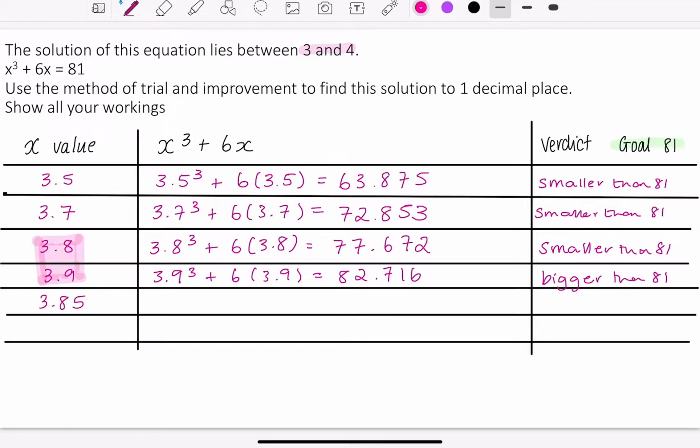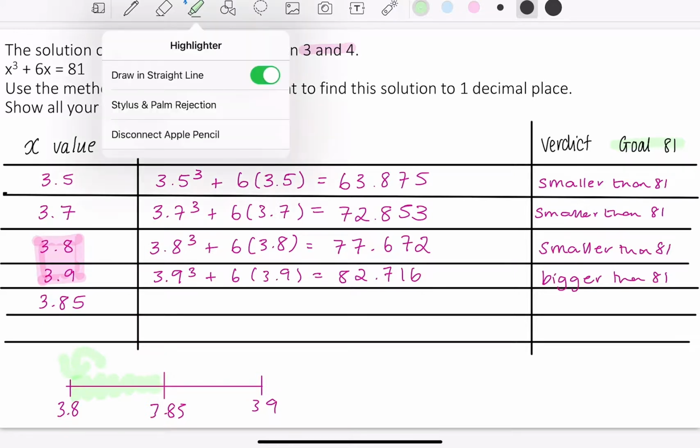Because I want it to 1 decimal place, I have to know whether it would round to 3.8 or 3.9, because we know that when we have our number line, if I have 3.8, 3.9 and 3.85, if 3.85 is too big, then my answer must sit in this bit, which would round to 3.8.